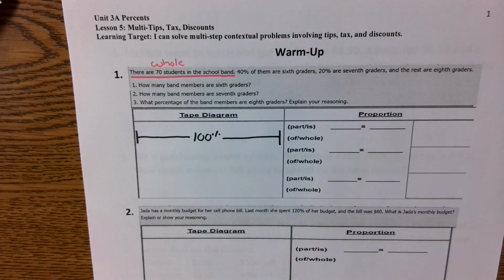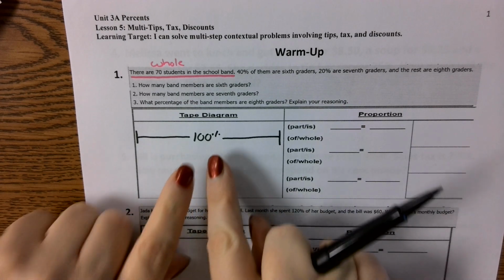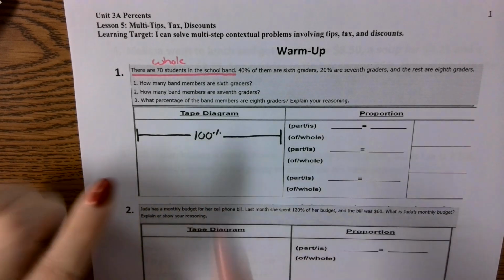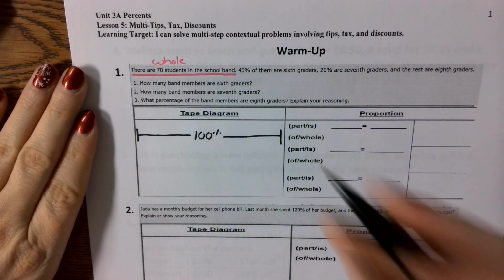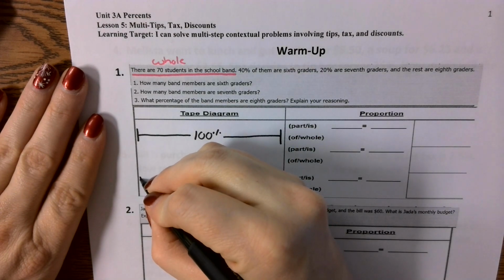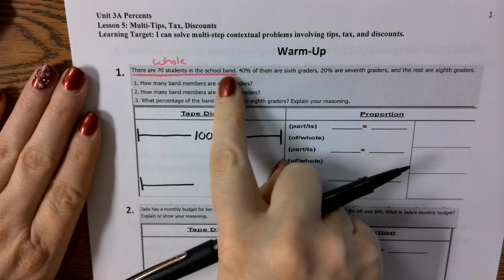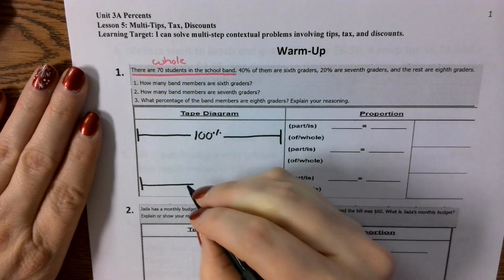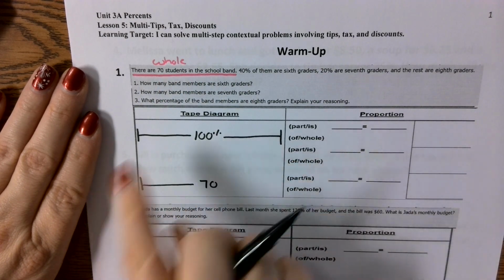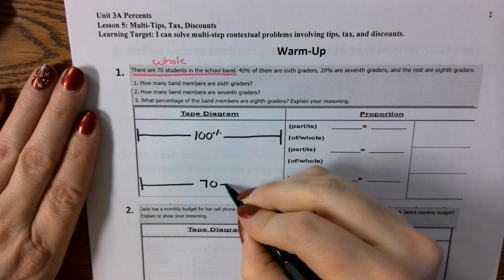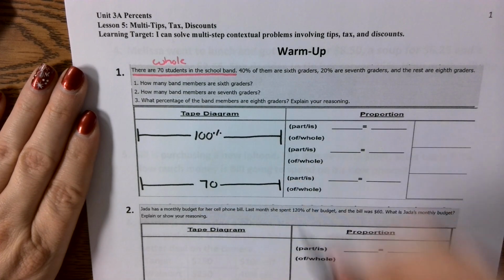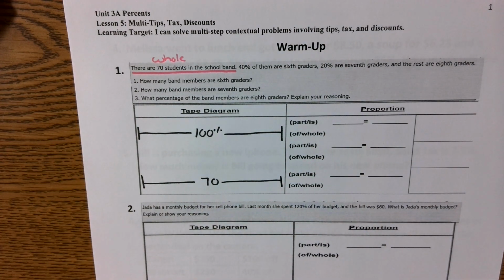So when we're talking about the entire band, we're talking about 100% of the band. So you can write it as a percentage, 100%, or you can write it as how many students are in there, which is 70 students, right? Either way, that's representing the whole band.